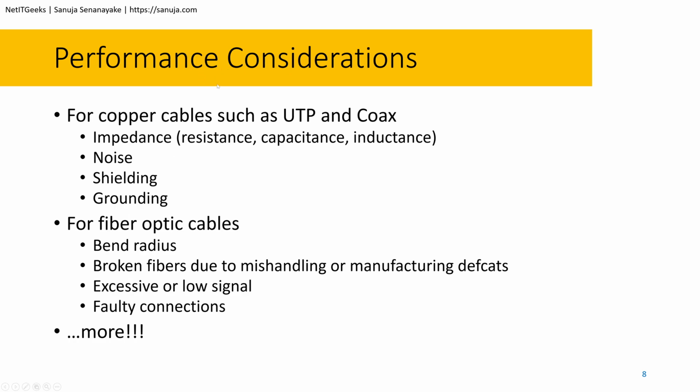Otherwise, that will also impact the performance of your copper cables. The same thing applies to fiber optic cables. You need to make sure you don't have faults on those connectors and plugs. And if there is a problem, you should re-terminate that connector. That's another place you need to check if you have a performance issue.